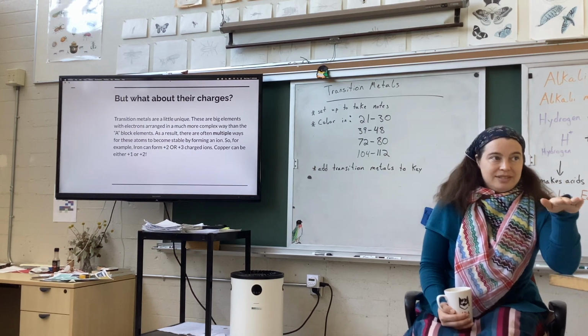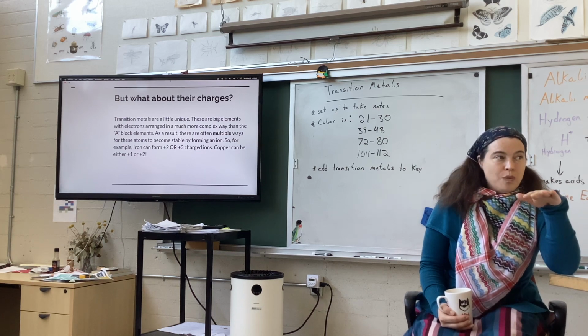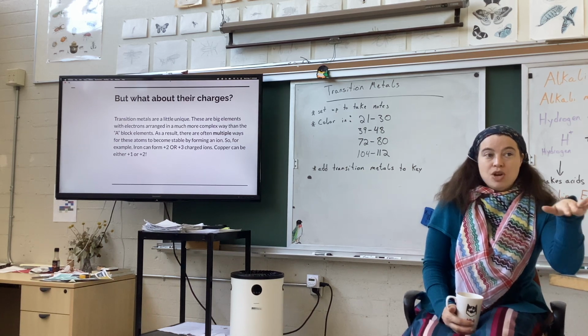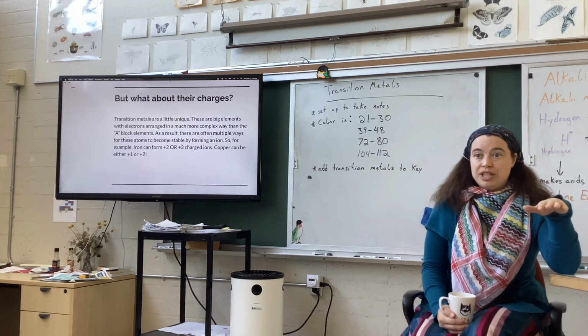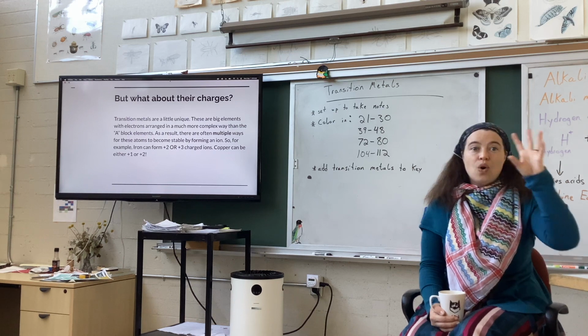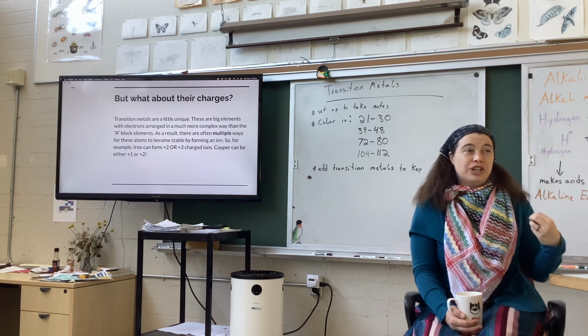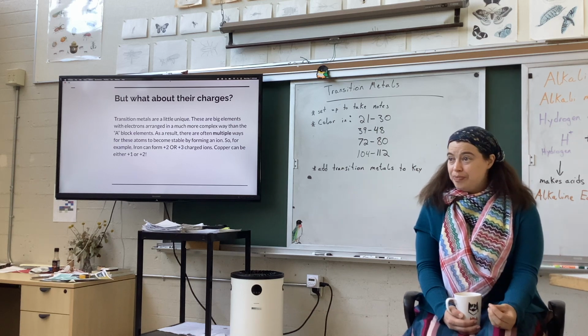We cannot just write a single charge above these groups. We can't just do a planetary model of them. What's going on with the electrons in the transition metals is way more complicated. They have a whole different set of models that you need to understand if you want to learn why they do the things they do.